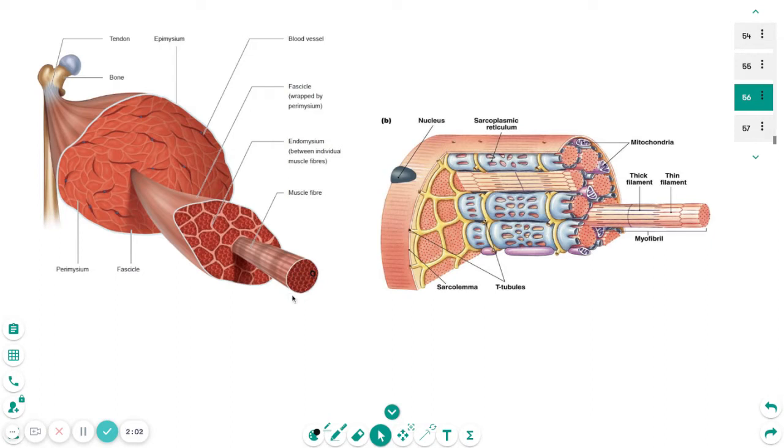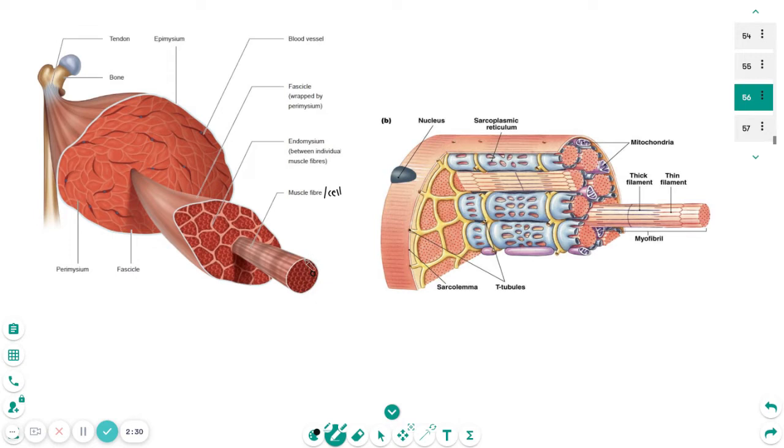And what can be a bit confusing here is that muscle fiber is also known as a muscle cell. So muscle cells are really, really big. And the reason why they're so big is actually because as we formed as a fetus, all of the individual muscle cells have all fused together to make one big muscle fiber.